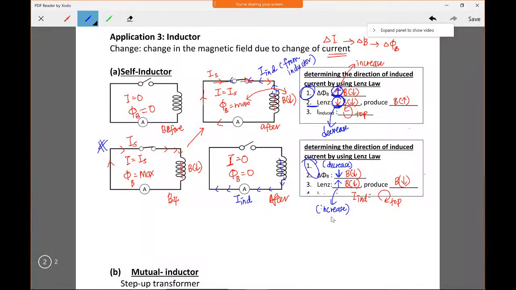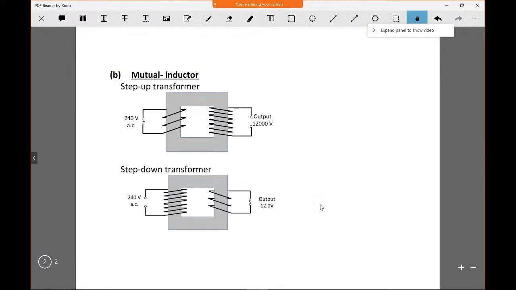So now look at mutual inductor. Mutual inductance happens when there are two solenoids or two inductors sitting side by side together. So the application is the transformer. When it is a step-up transformer, it means the number of turns at your secondary coil is larger than the number of turns of your primary coil.